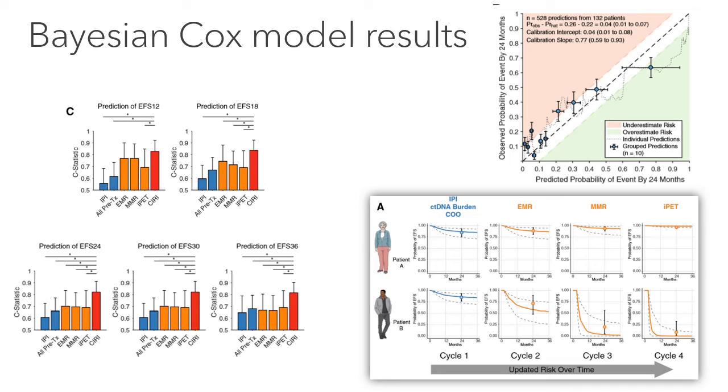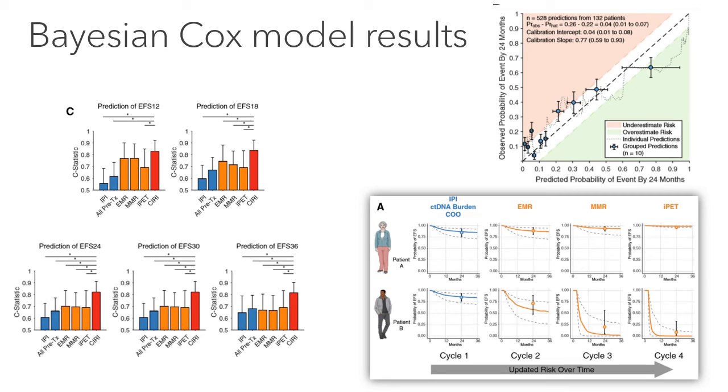There's underestimated risk around this point and overestimated around this point, but that is only 0.04. And there are two calibration measures, including intercept and slope of the Cox proportional hazard model, and it's quite low.